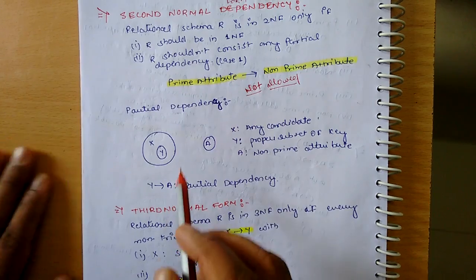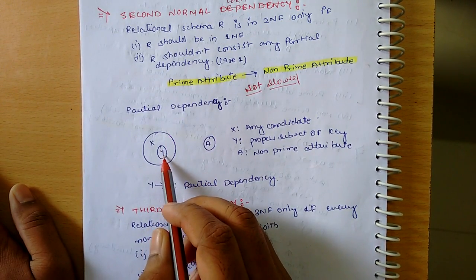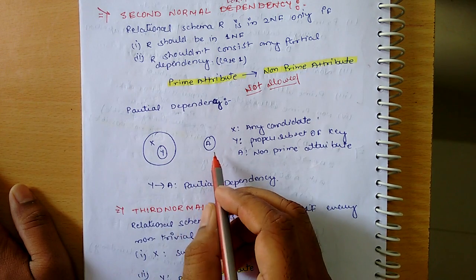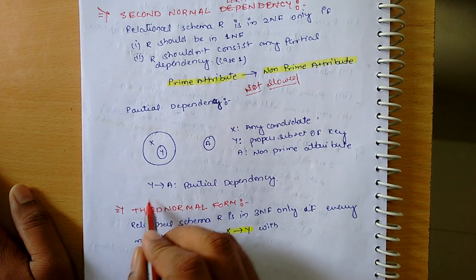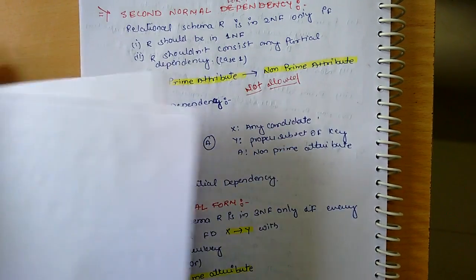We can see here that X is a candidate key and Y is a subset of X, and if Y determines A, a non-prime attribute. I'm repeating it once again. X is a candidate key, Y is a subset of the candidate key, and A is a non-prime attribute. Then if there is a functional dependency given as Y goes to A, it means it's a partial dependency. I'll give you an example here.